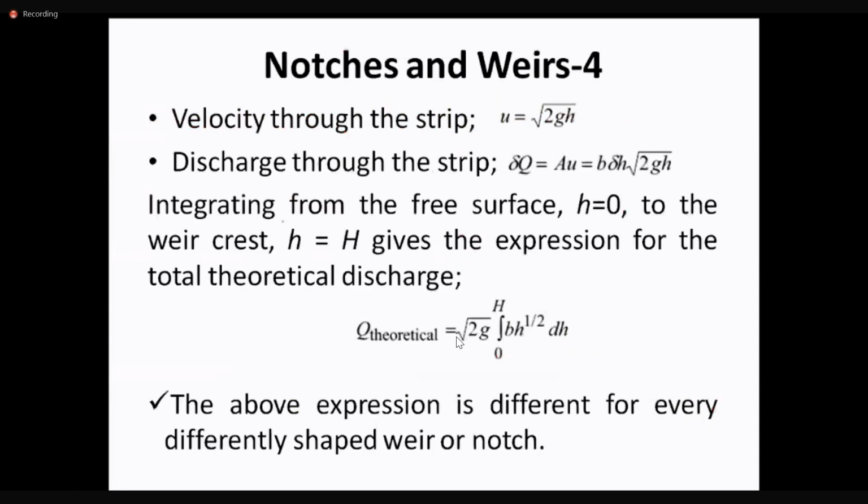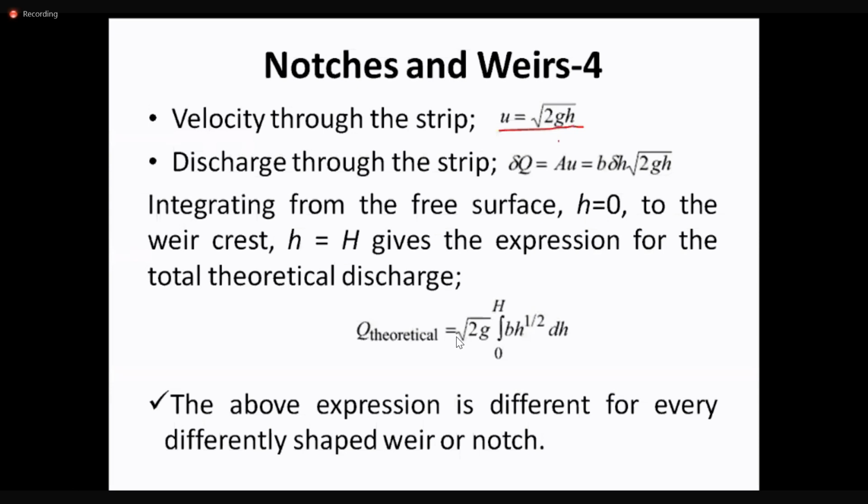So the velocity through the strip, U, is equal to root 2gh. That's the general assumption if you do not consider the velocity of the approaching fluid.